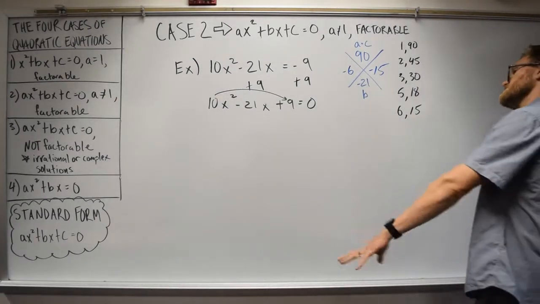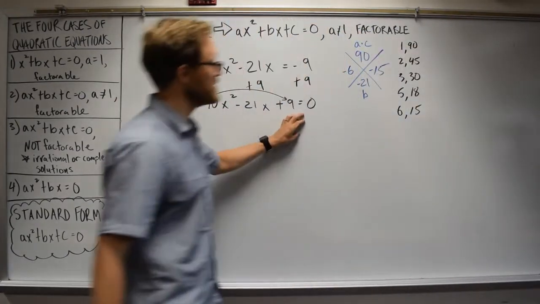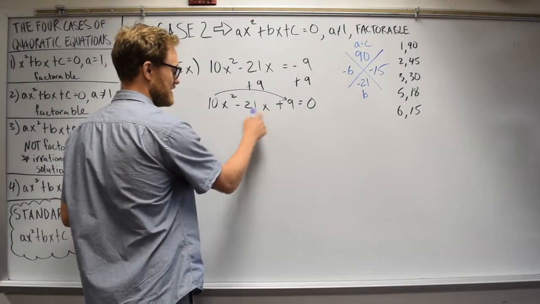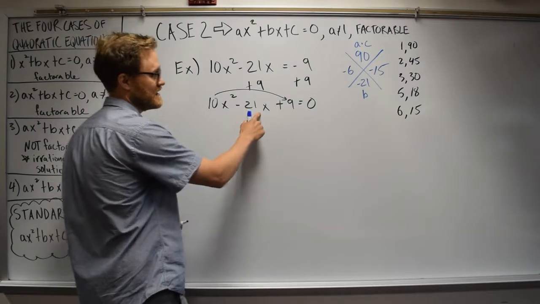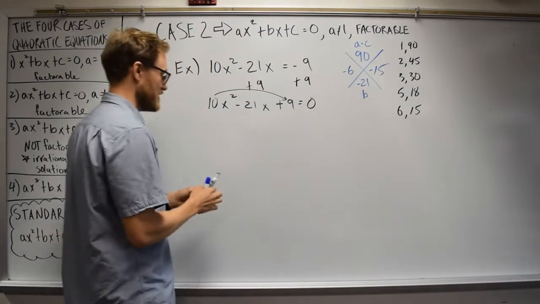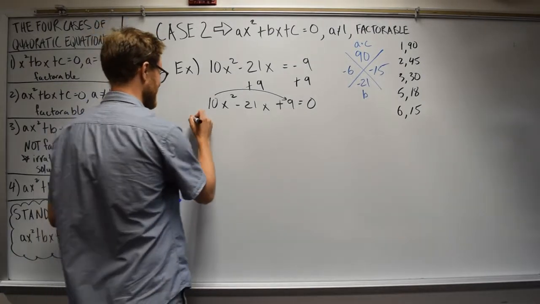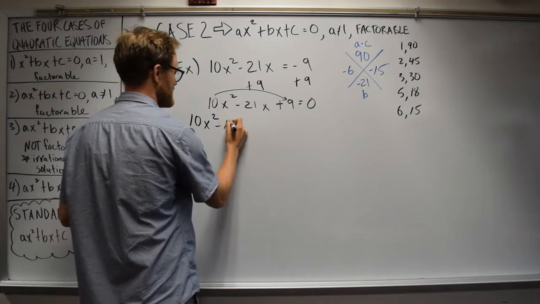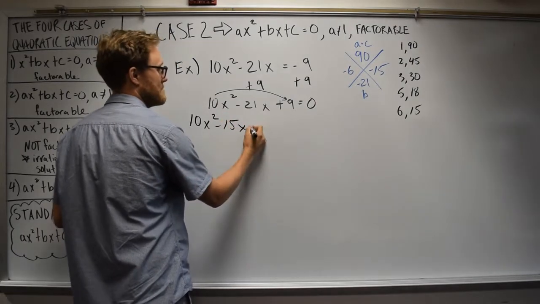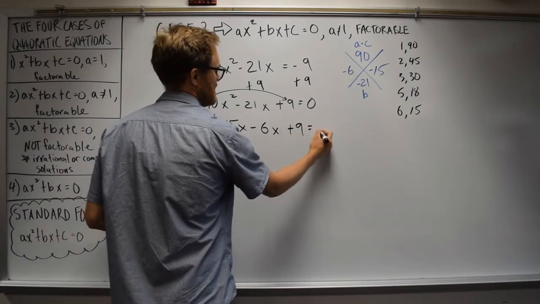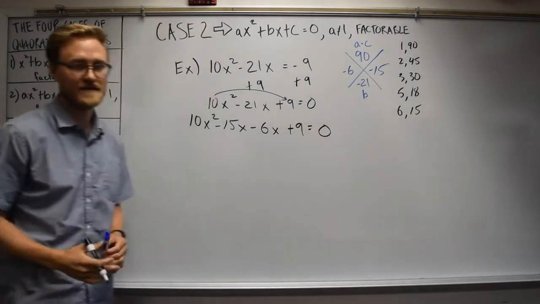So now we're going to come back to the equation that we had been working with, and we're going to split up this B term, negative 21x, into the sum of these two numbers. So I'm going to write this as 10x squared minus 15x minus 6x plus 9 equals 0.